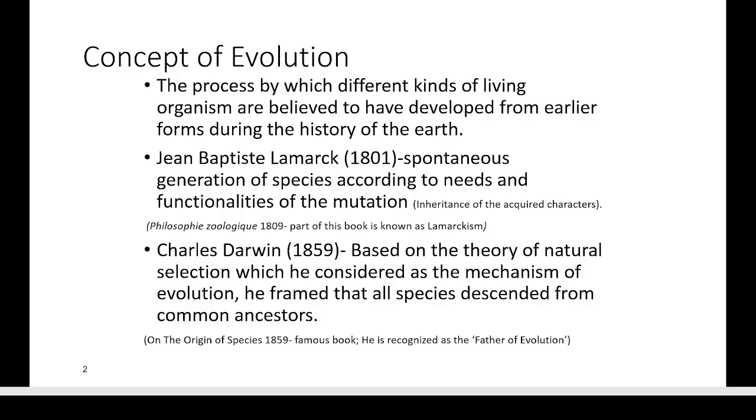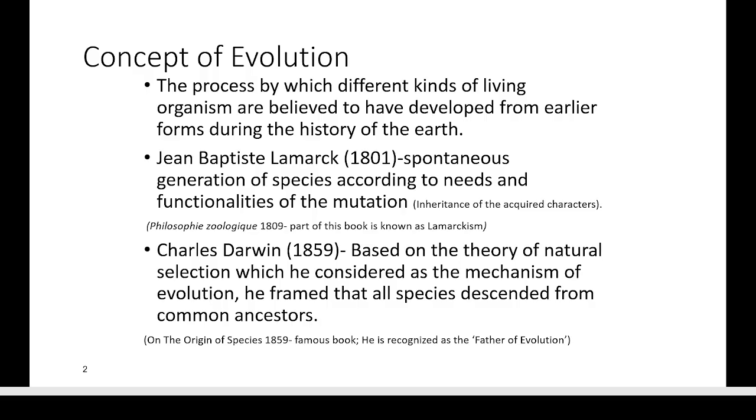As we know, there are two main concepts of evolution. The first one was given by Jean-Baptiste Lamarck in 1801, and the second, most popular and most accepted one was given by Charles Darwin in 1859. The first concept, given by Lamarck, is also known as Lamarckism. It was mainly focused on the spontaneous generation of species.